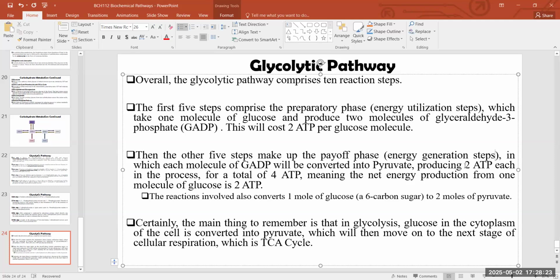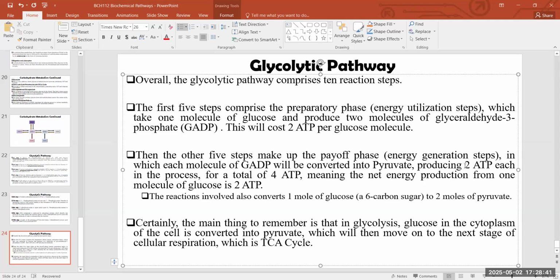That is, the net energy production from one molecule of glucose is 2 ATP after subtracting the first 2 ATP used.